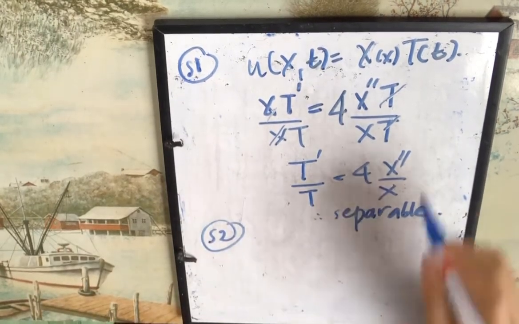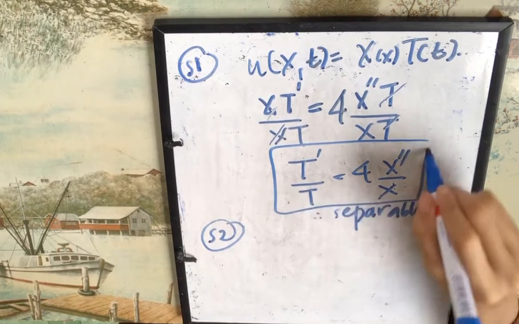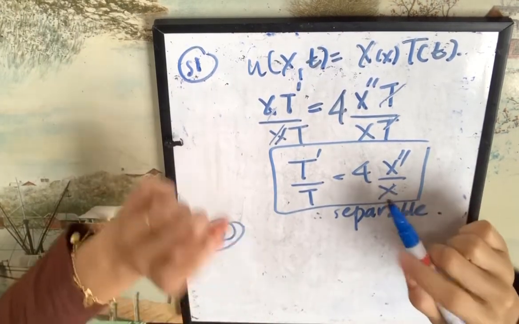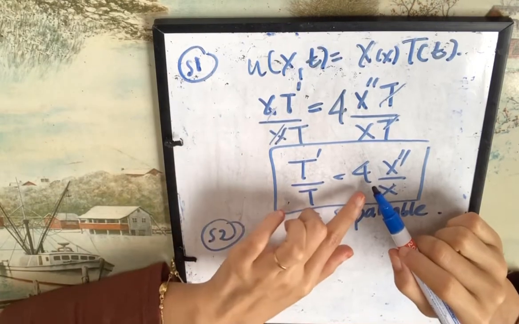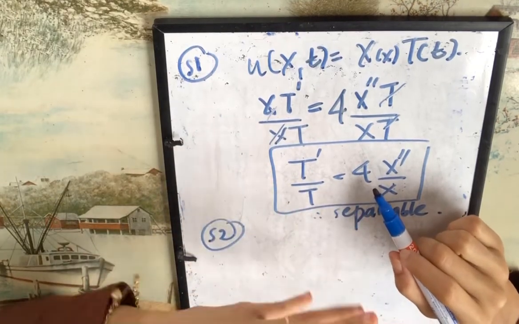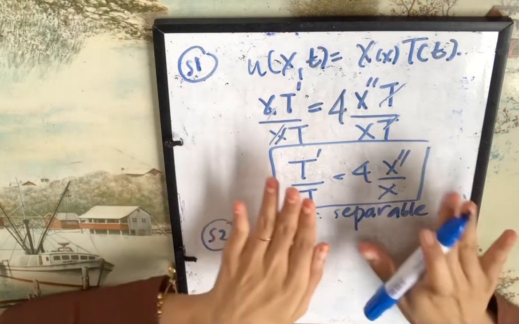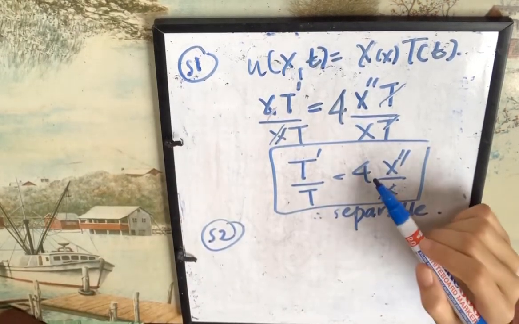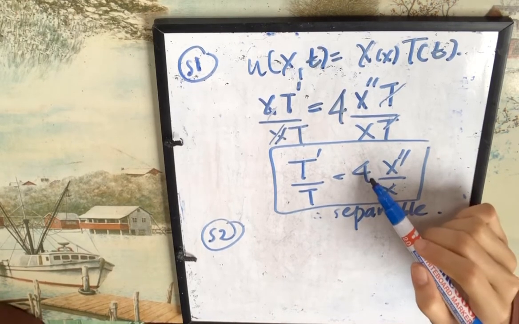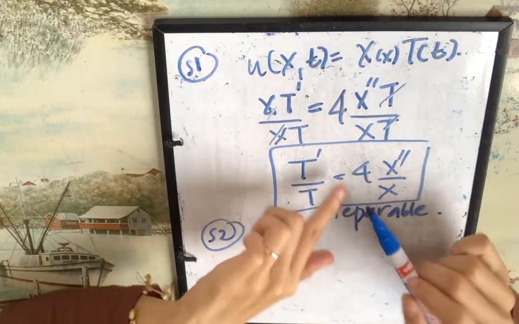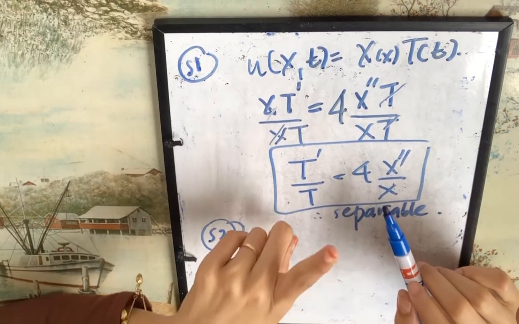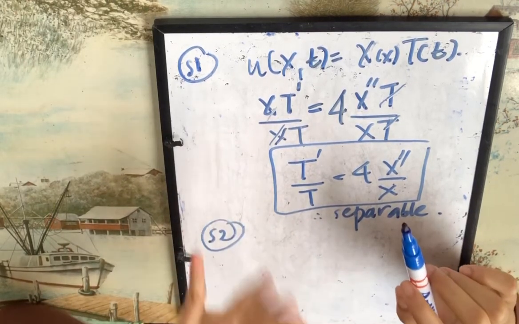One more thing: for this example they have a 4, while for the previous example we just had 1. When you have a constant or coefficient in front, you need to bring it to the first order.